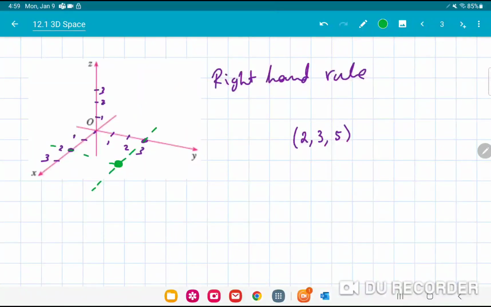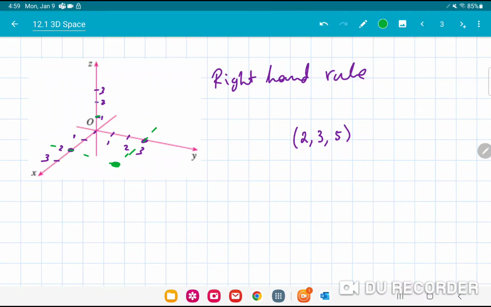So that's what I have now. So this point here is 3 units out from the x-axis and 2 units out from the y-axis, because it's the point 2, 3. But on the z-axis, I'm going to go 5 units up.